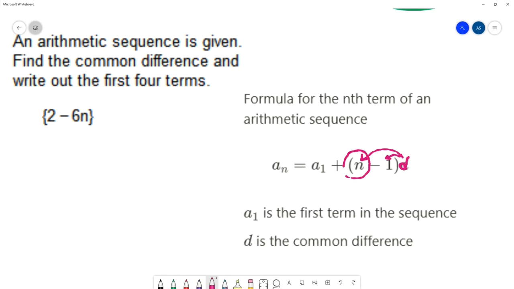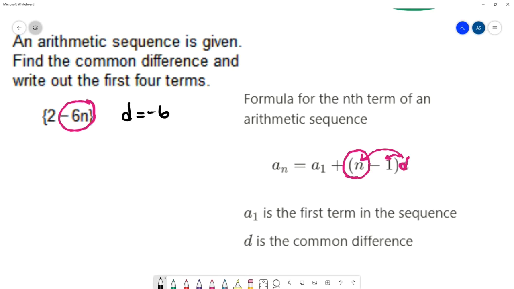I'm focusing in on this part here with the n, and notice that the coefficient of the n is -6. So we're going to have the common difference being -6.